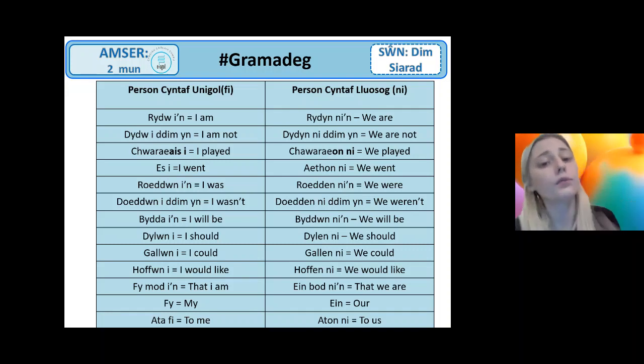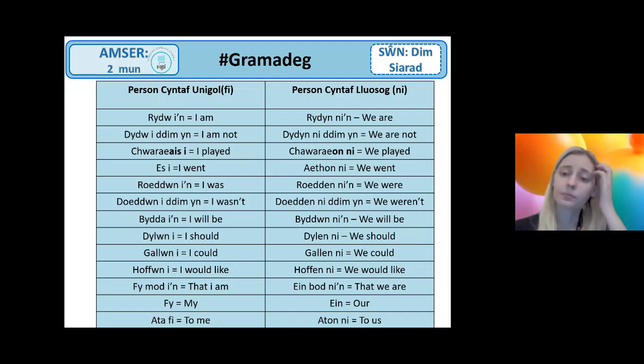So it means the first person singular. And the "person cyntaf lluosog", can anyone tell me what that means? Ardderchog, first person plural.